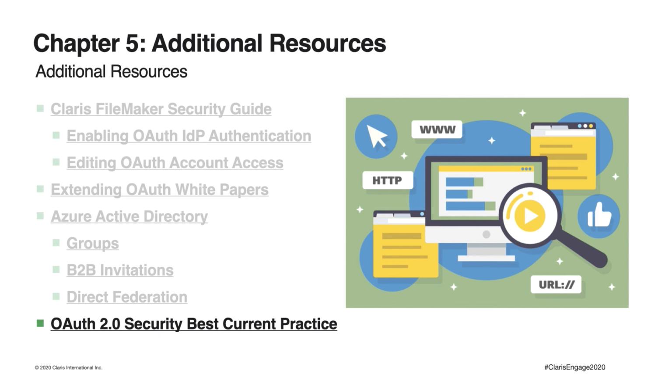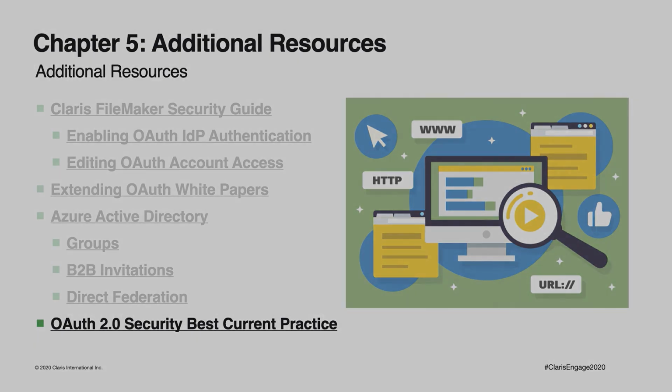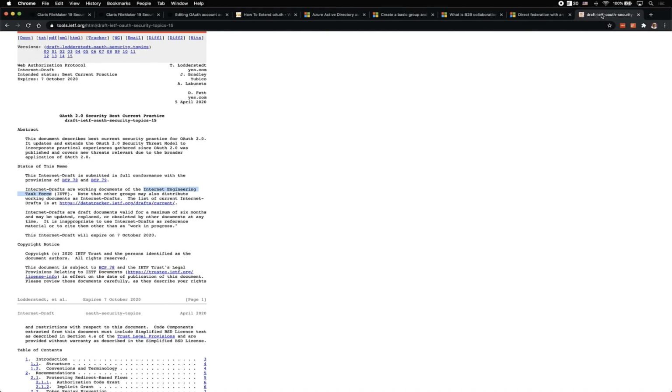Lastly, here is a link to a paper that discusses OAuth 2.0 security best current practices. It's a bit tough on the eyes, but comes from the Internet Engineering Task Force.